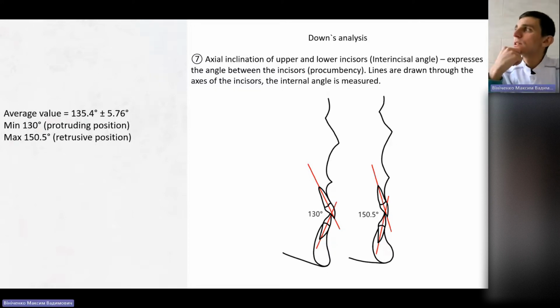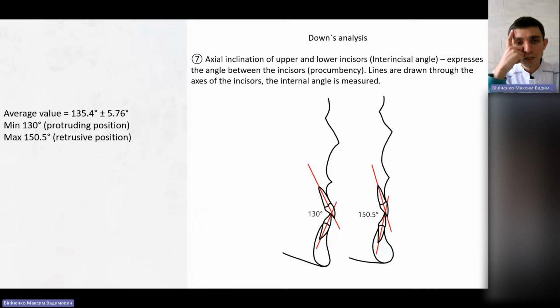So we talk about bimaxillary protrusion.